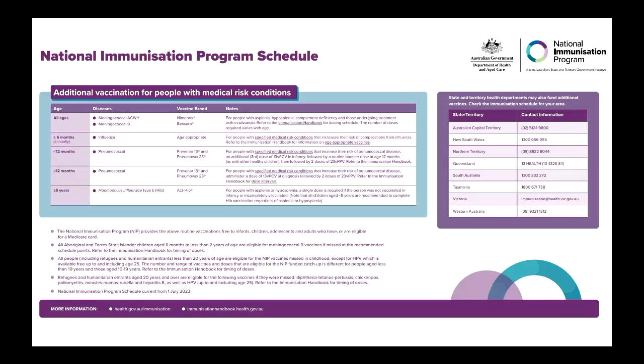Because remember, the spleen is really effective in removing encapsulated bacteria. So those people who have asplenia from some malformation, or had the spleen removed after a car accident, whatever, are recommended to have the vaccination as well. And then influenza, age appropriate, and some risk conditions as well.